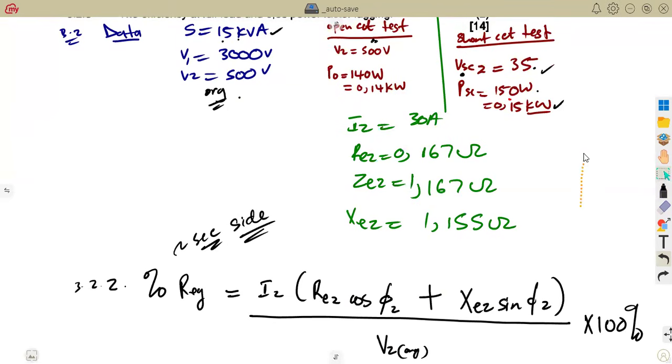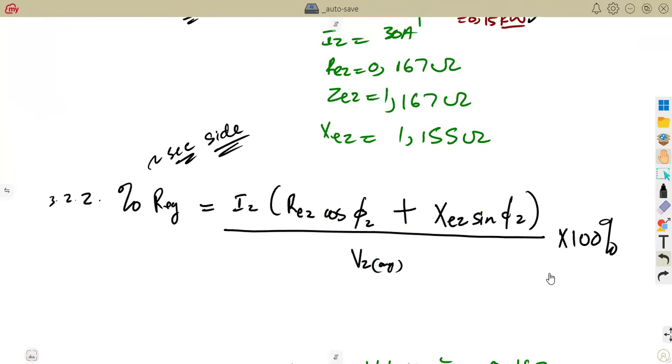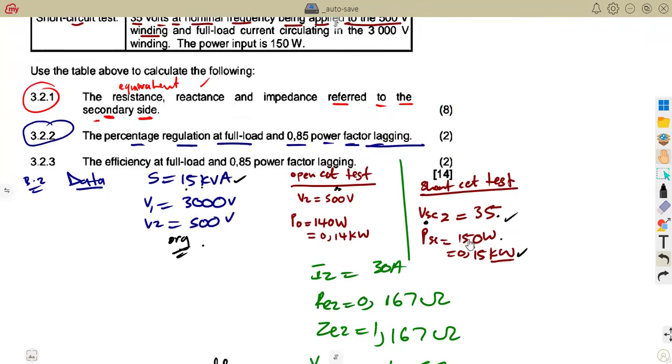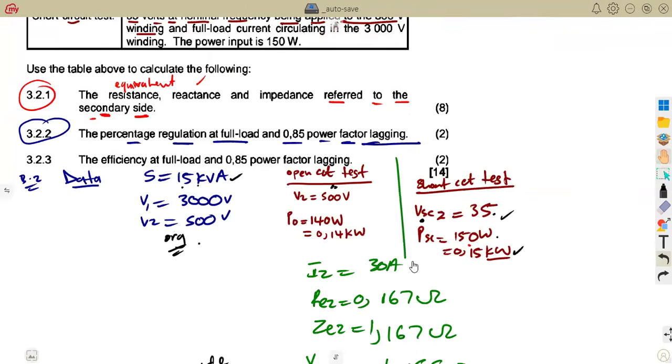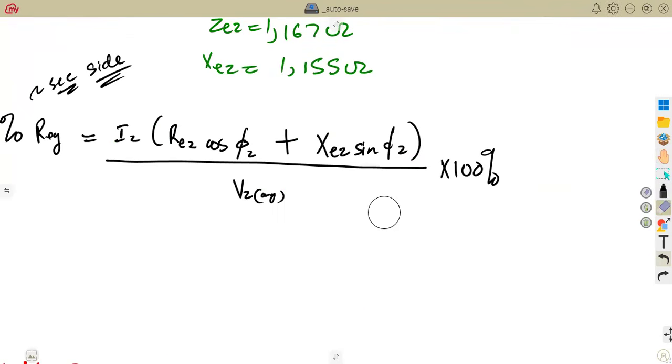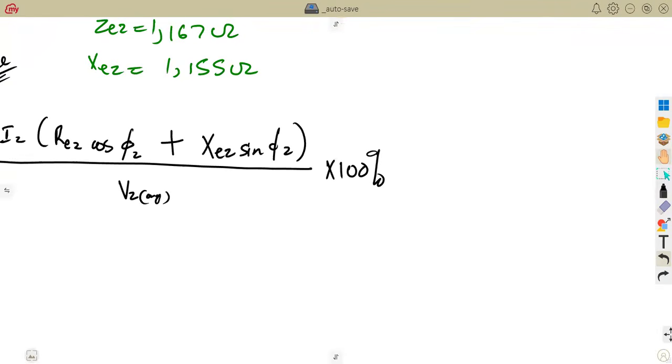According to our information, remember they said the power factor is 0.85 lagging. So we need the angle to find the sine, because we do not have the sine. We have the cos.